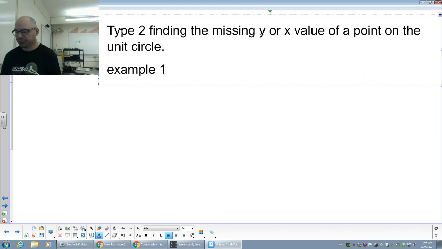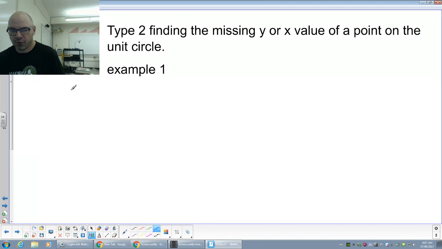Let's say we have this point here. So if you have the point x, comma, 3/4.